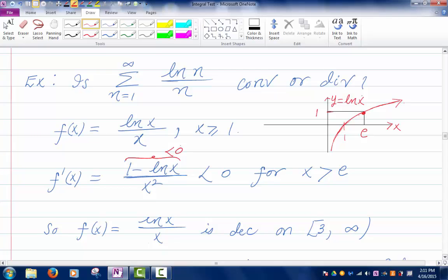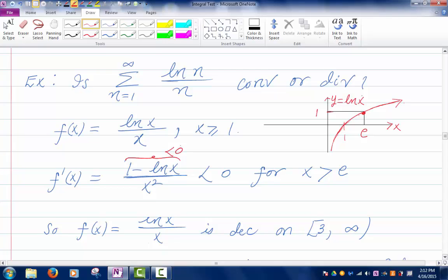Well, now ask yourself, when is ln of x bigger than 1? Well, remember ln of e is 1. So ln of x is bigger than 1 when x is bigger than e. When x is bigger than e, ln of x would be bigger than 1. So that's exactly where the derivative would be negative.